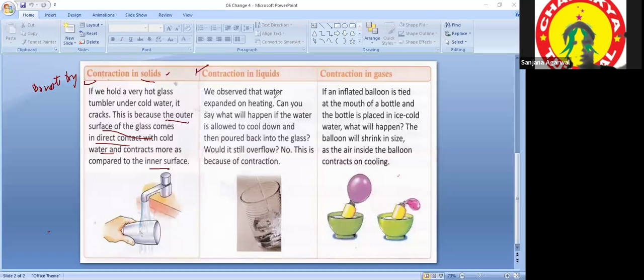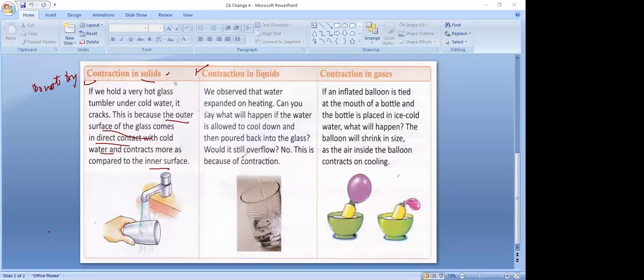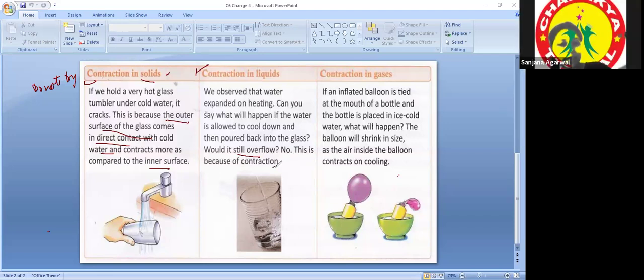Now, if the same amount of water we refrigerate, we bring it down through a cooling process, then definitely it will not expand. But do you think its level will become a little lower or it will remain the same? It will lower. No, definitely no. This is because of contraction. So you can say that it will remain at the same level, or try to notice if you observe any reduction in its level or not. You can try this activity also, okay?